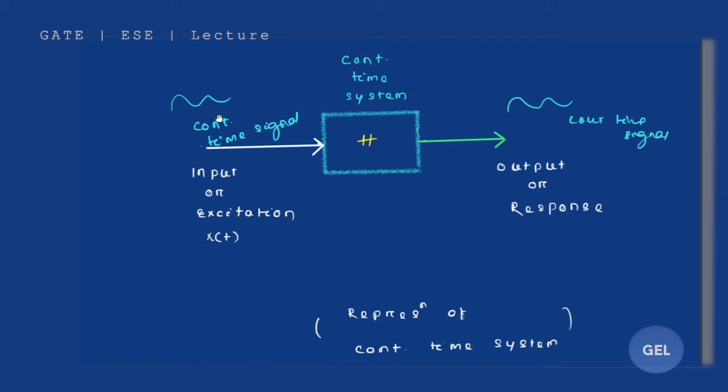If your continuous time signal as an input or excitation gets transformed into a continuous time signal on the output side as a response, then that system will be regarded as the continuous time system. Or in other words, continuous time system is responsible for transferring this input or excitation of continuous time signal into continuous time signal as a response.